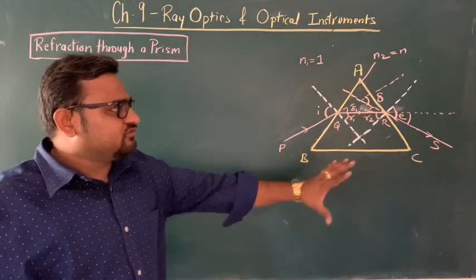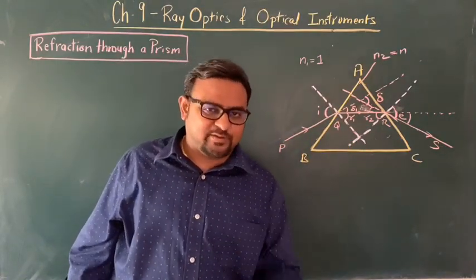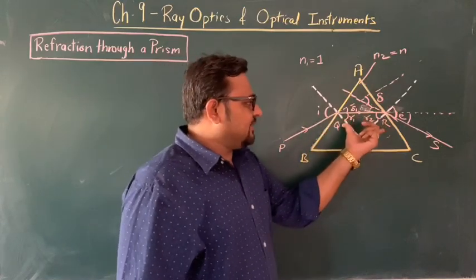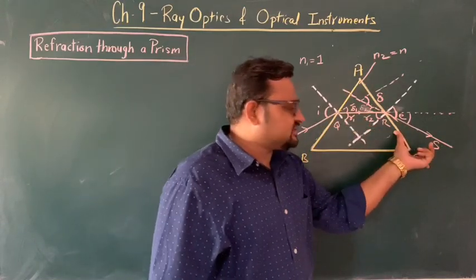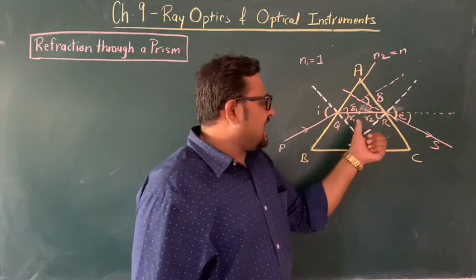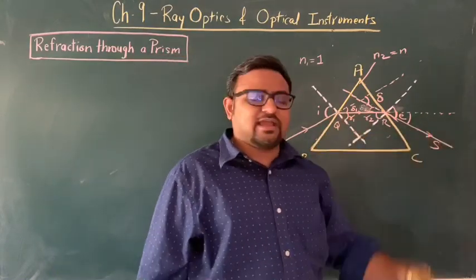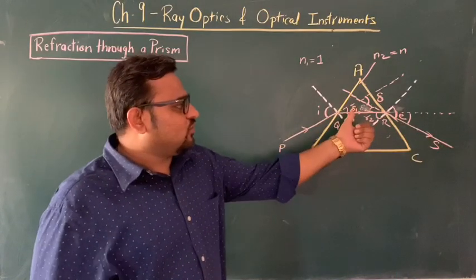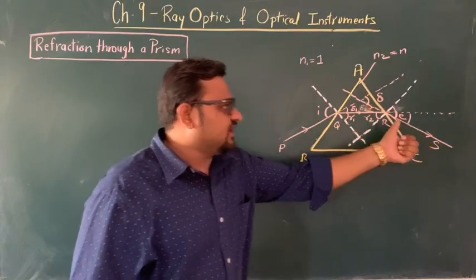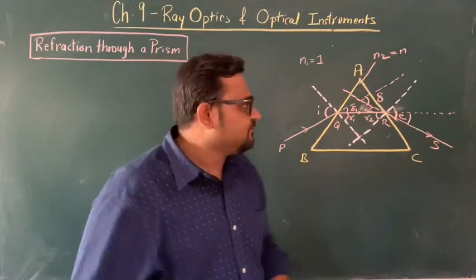Now this is the figure. You need to explain the figure in the descriptive portion. Write down: let PQ be the incident ray, QR be the refracted ray, and RS be the emergent ray. I is the angle of incidence, R1 the angle of refraction at point Q, E the angle of emergence, delta 1 the angle of deviation of the incident ray, delta 2 of the refracted ray, and delta is the total deviation.